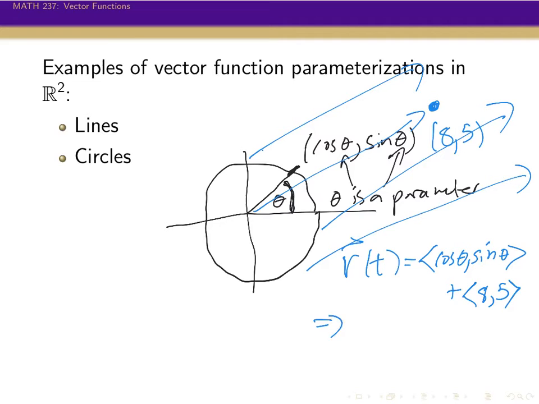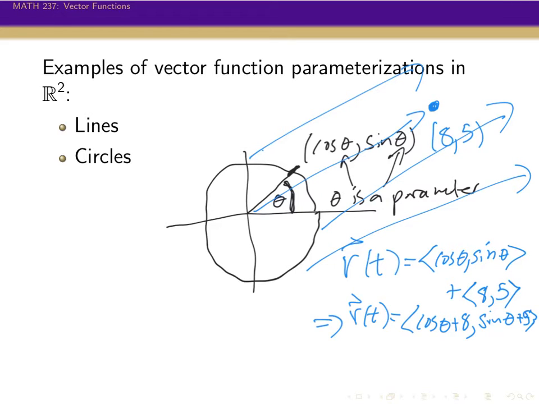So looking at this, we'd have r of t is equal to cosine theta plus 8, sine of theta plus 5, and that's going to give us our parameterization. Now this is what I'm telling you it is. How can you believe me that this is true?